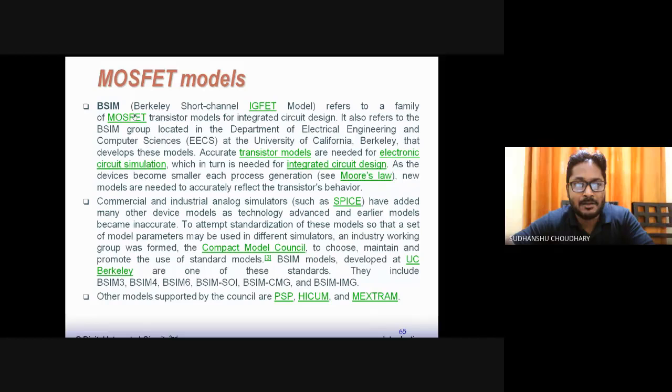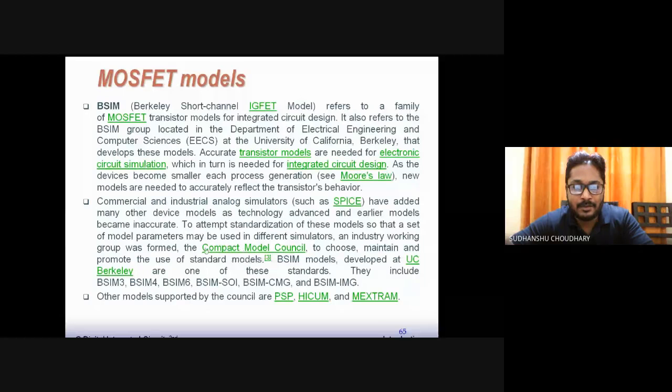You will also find that there is a group called the Compact Model Council, again from the same university. This Compact Model Council tries to standardize the use of these models in different simulators, industry-based simulators and academic simulators also.